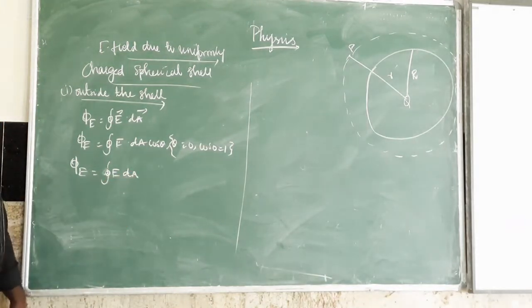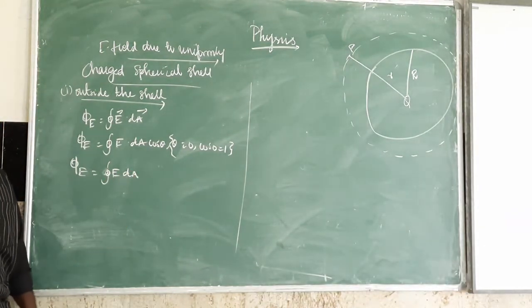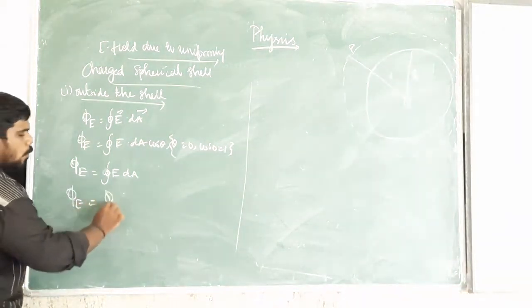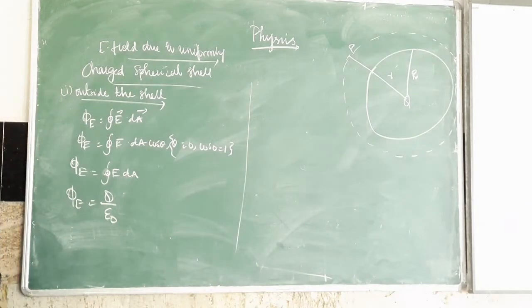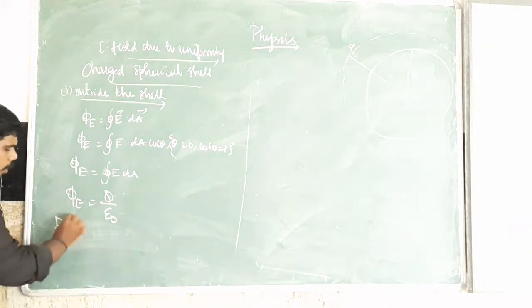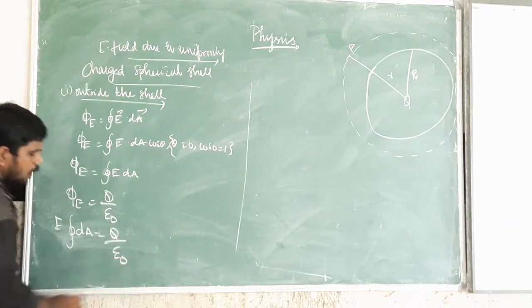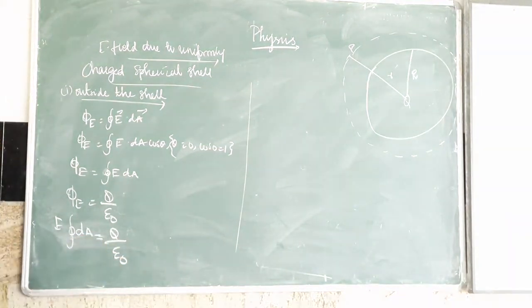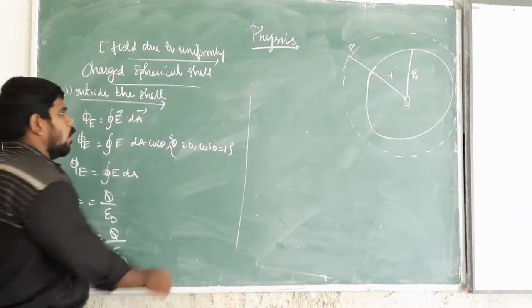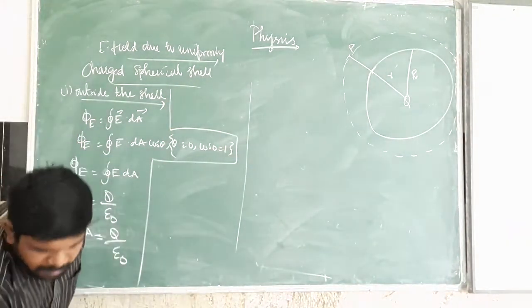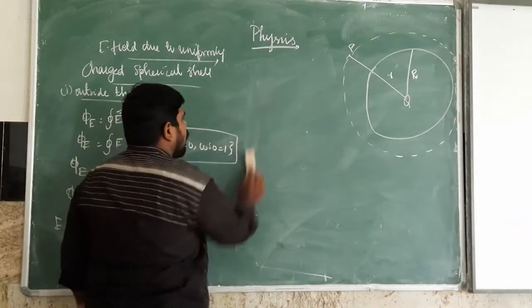Then by using Gauss law, what's the formula? Phi of E is equal to Q by epsilon 0. So substituting, we get E times the integral of dA is equal to Q by epsilon 0. What is the surface area of a sphere? 4 pi r square, isn't it?